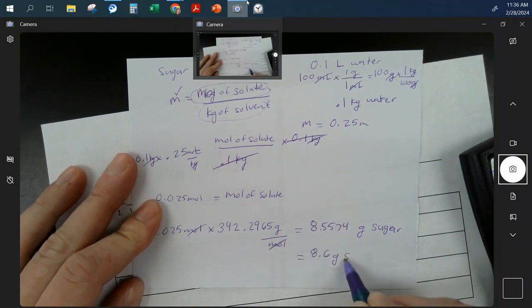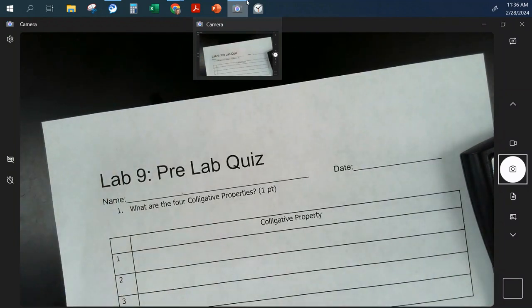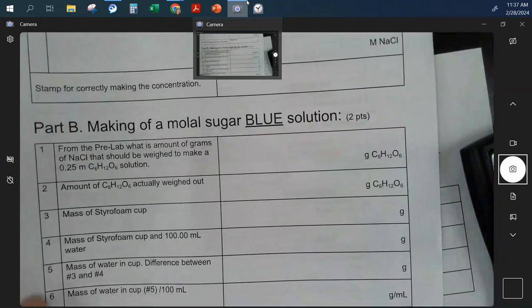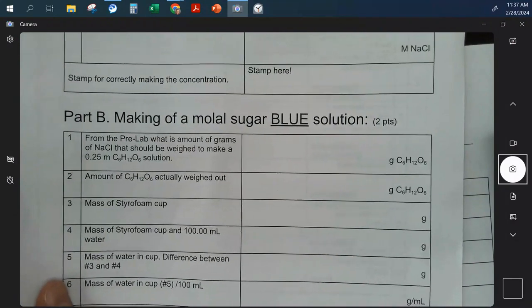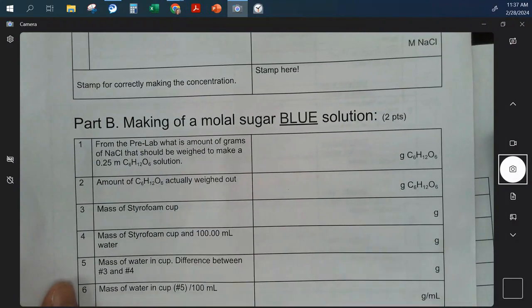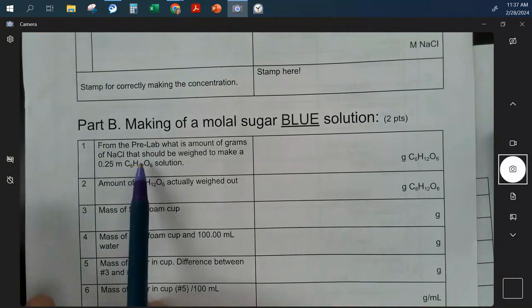Okay, grams of sugar. Great, so you are going to go to your data sheet. And the first box, I don't know why there's a floating box there. The first box says, from the PreLab, which we're doing right now, what is the amount of grams of, this should be sugar. Let's fix it.